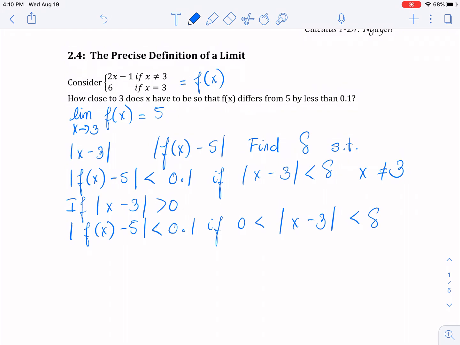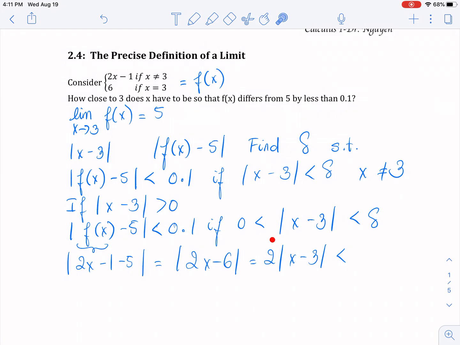All right, so if I take f of x and I plug the function in, so let's say I have 2x minus 1 minus 5. That in fact is 2x minus 6. And I'm going to take 2 out, 2 times (x minus 3). Okay, so you can see that right here we have the 2.